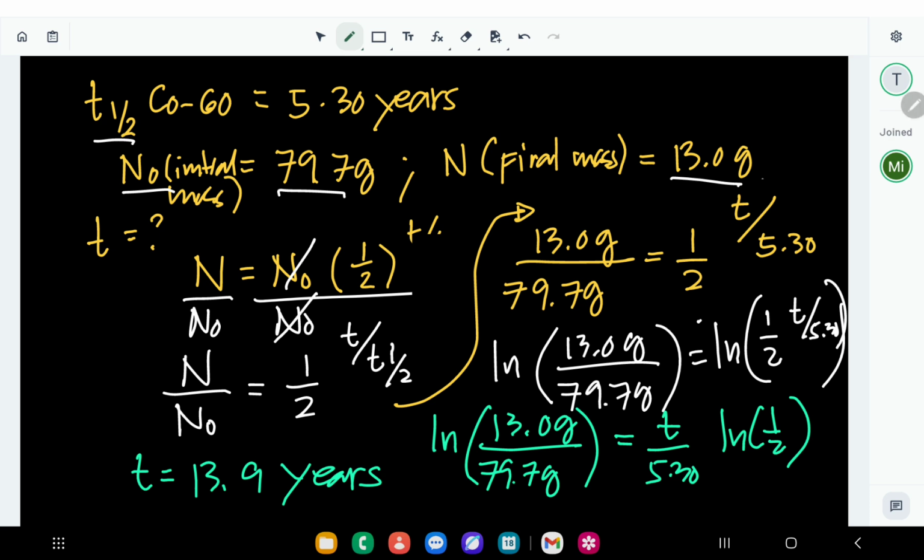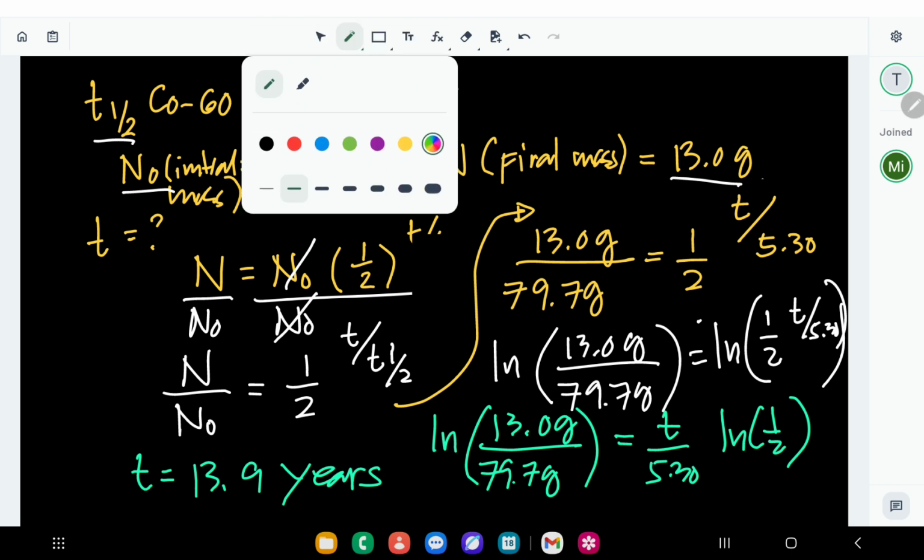It says 1 decimal place, so it's 13.9. Then divided by 5.3, that is 2.61. It says 1 decimal place, so it should be 2.6 only. So you answered correctly. Round your answer to 1 decimal place. So you should follow instructions.